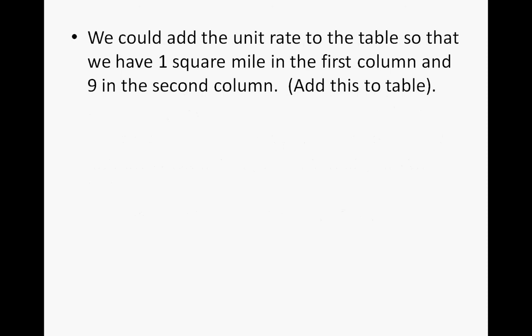All right, we could add the unit rate to the table so that we have 1 square mile in the first column and 9 in the second column. So go ahead and add 2 more columns to your table. Add that the square miles would be 1, and in the second column that 9 would be the number of deer. And you would notice that for each row it would be the same.